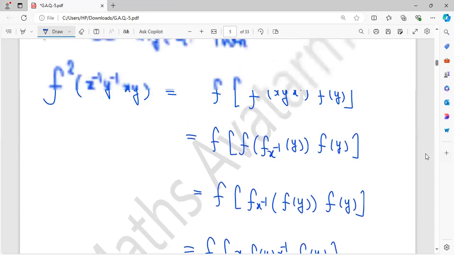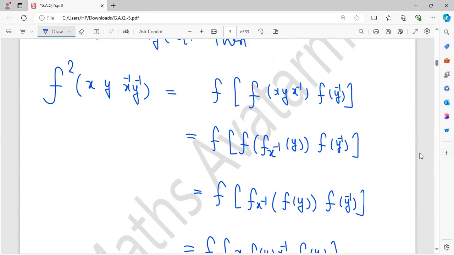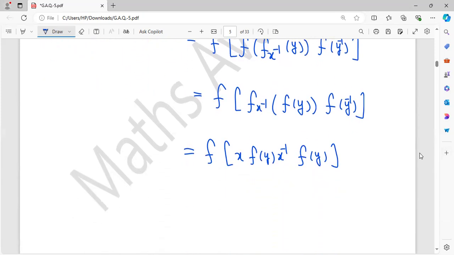It is y inverse here. This is y inverse. So y inverse can be written as f y inverse. We know f y inverse can be written like this. So now what is this? This is f x, this is f y inverse inner automorphism, and this is x.